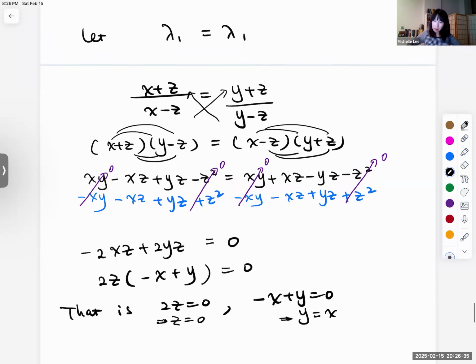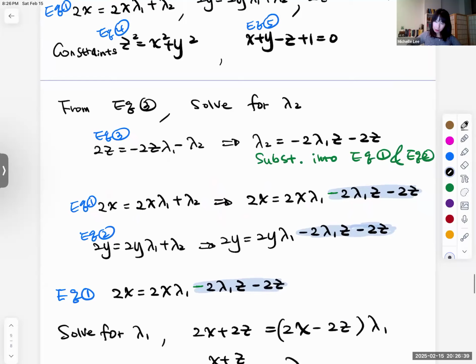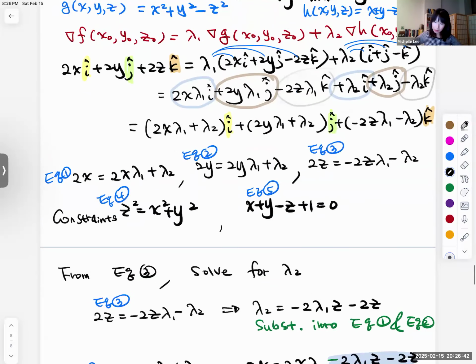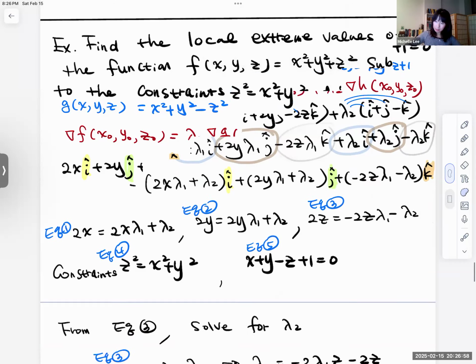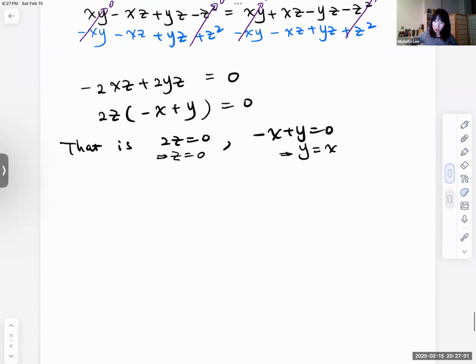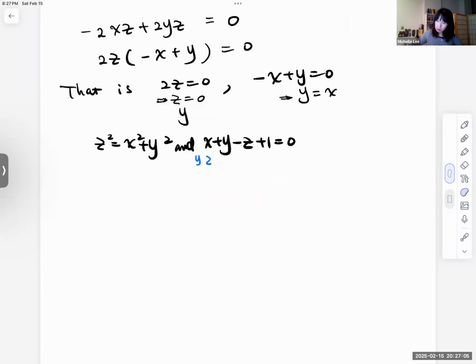All right, let's bring in the constraint functions. So let's take the original ones. I'm using both because we need both later on. We want to solve for x and y, right? So this is a constraint.